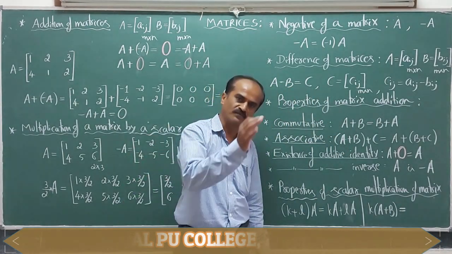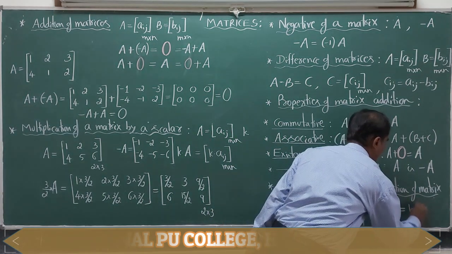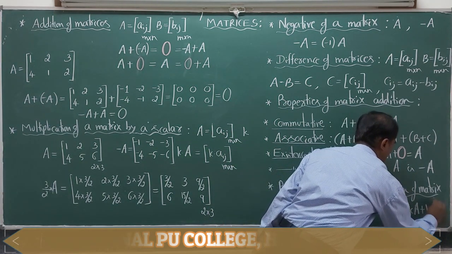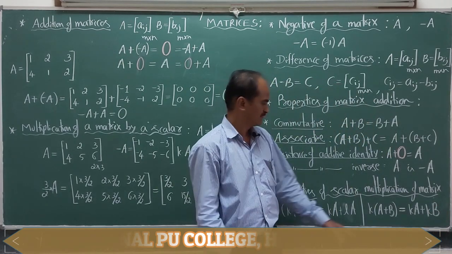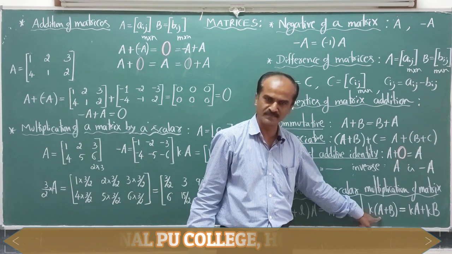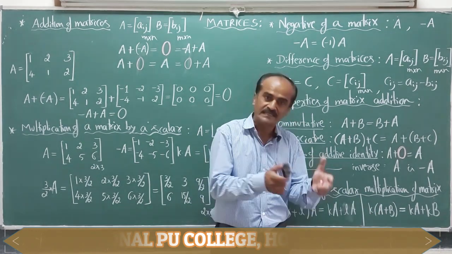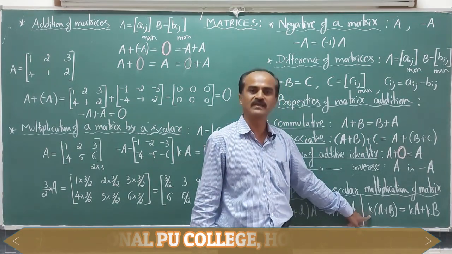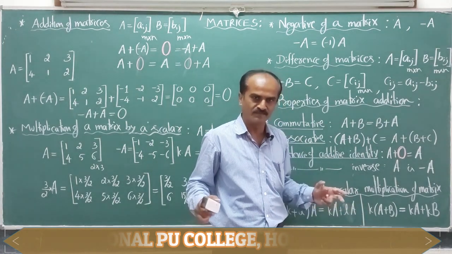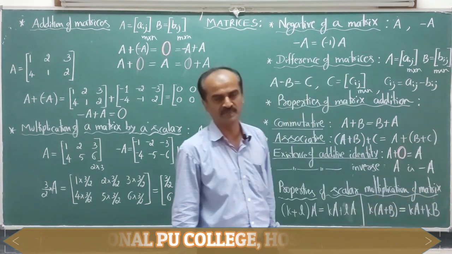K times of A plus B is the same as kA plus kB. It means k times of A plus B means what? How to find this resulting matrix? First I have to add the A and B matrices. The resulting matrix I have to multiply with k. This is found to be the same as k times A plus k times B.